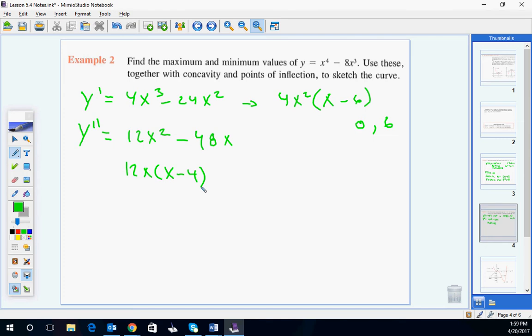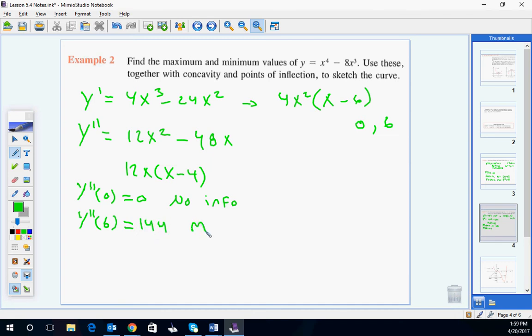Okay, plug in 6, we get a positive. So let's put this here. Sorry, I'll write y double prime of 0 equals 0, no info. Of 6. That gives us, if we want the actual number, 72, 144.